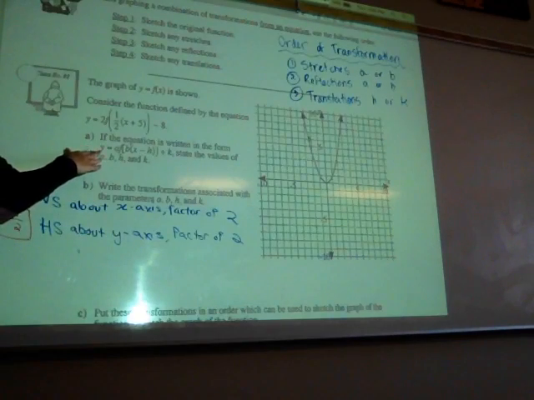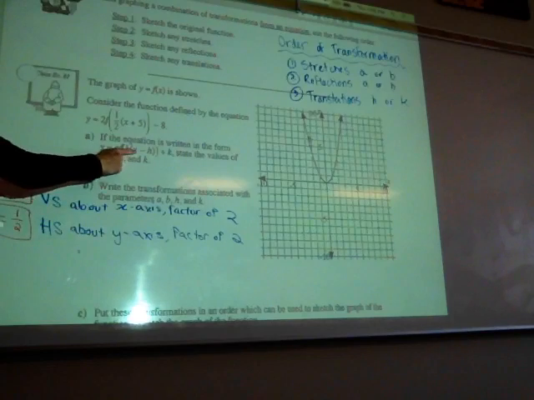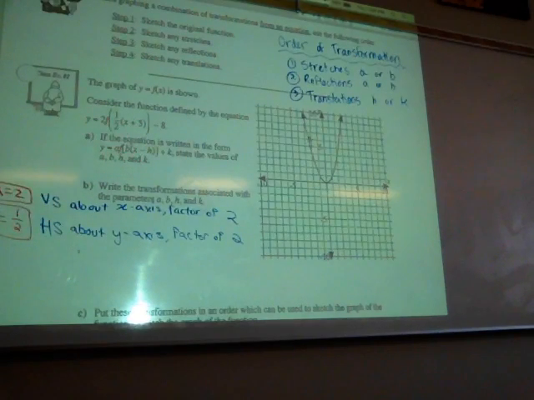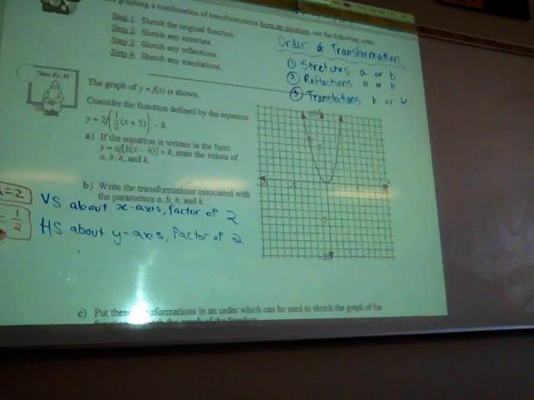Okay, for h, let's compare the transformation equation. Inside the brackets we have x minus h, but in this equation we have x plus 5. So is h going to be a positive 5 or a negative 5? Negative, good, because it changed the sign in the original equation. Okay, so h is equal to negative 5. And if h is negative, are we moving left or right? Left, very good. Okay, so we have a horizontal translation.